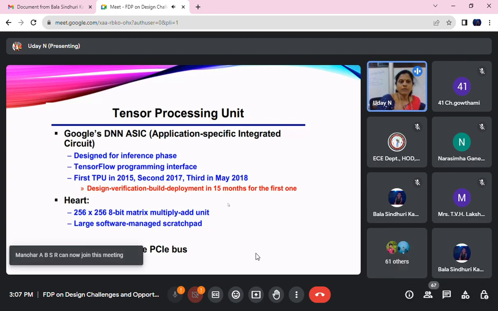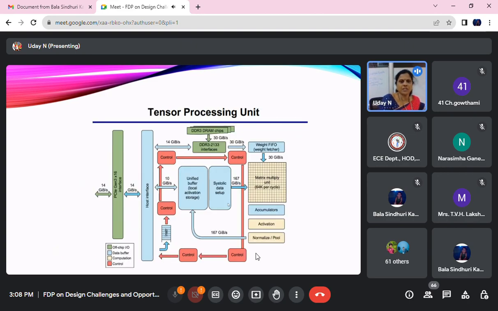The heart of this tensor processing unit is a 256 by 256 8-bit matrix multiply-add. It's not just matrix multiplication; it is a matrix MAC, a multiply and accumulate unit for this tensor processing unit. It's not just a processor, but a co-processor on the PCIe bus, extended PCIe bus.